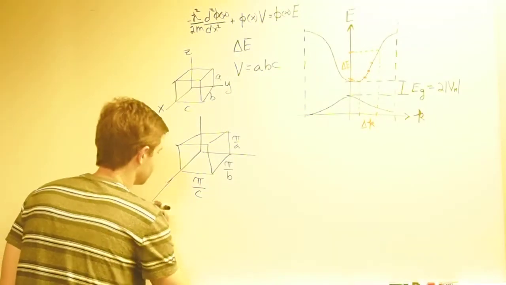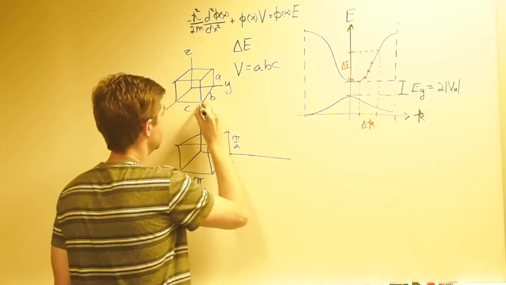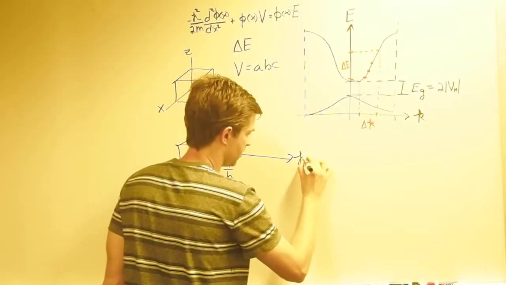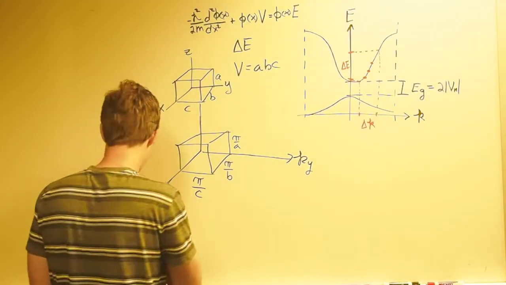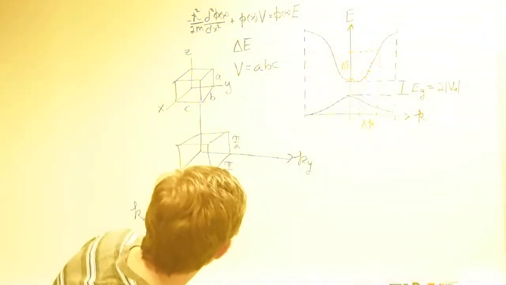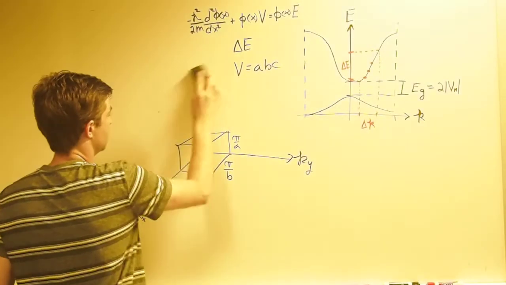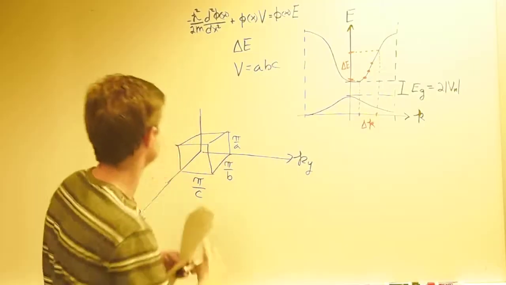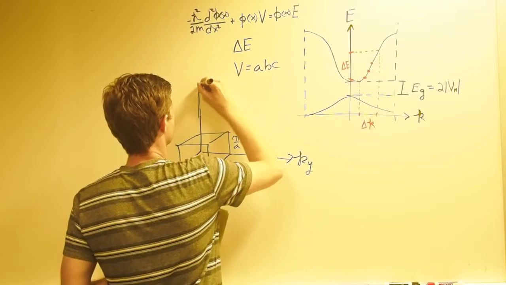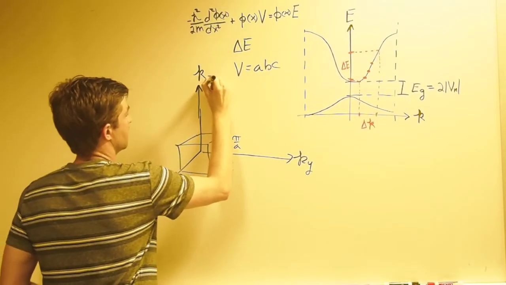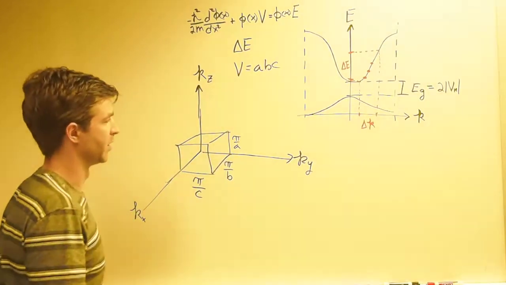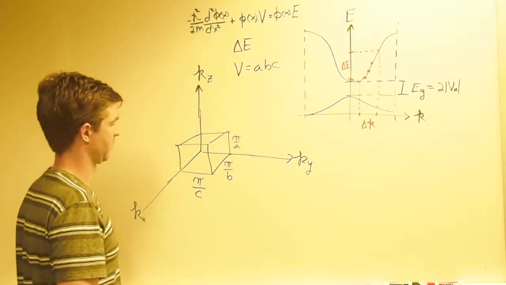I'm going to extend this out a little bit because we're going to need this more. So, okay, this is ky, kx, and kz. You should be familiar with how to transfer from a real lattice to a reciprocal lattice.